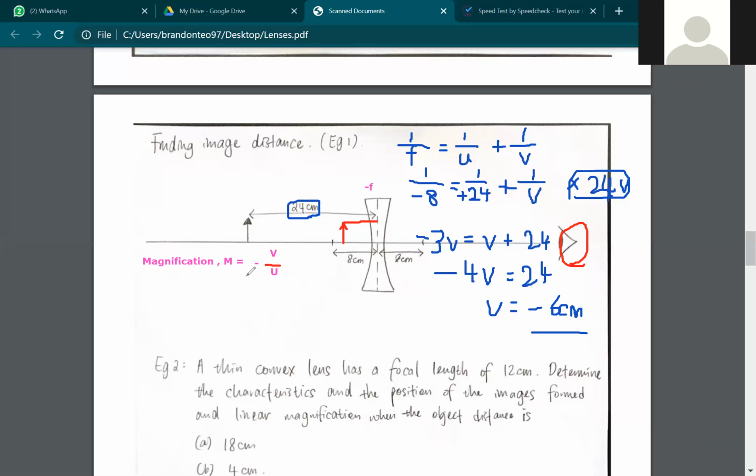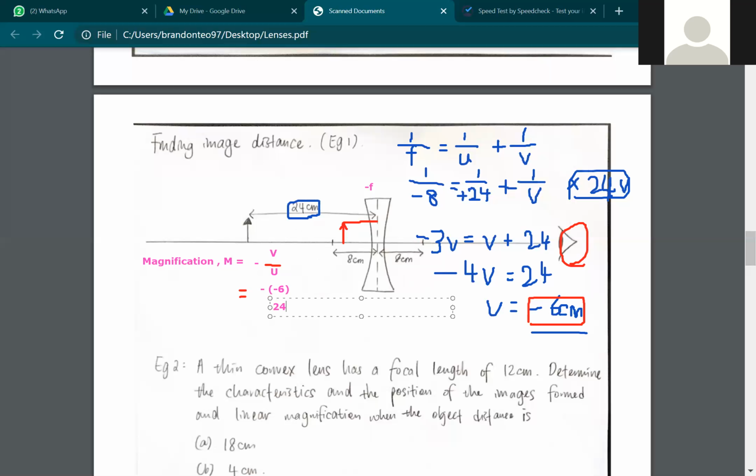The negative sign is already in the formula. So m equals negative v over u. Now we want to calculate the magnification, to know whether the object becomes bigger or smaller. Again the v, I'm going to take negative 6 and put it inside. So I have negative and then negative 6 over the u.